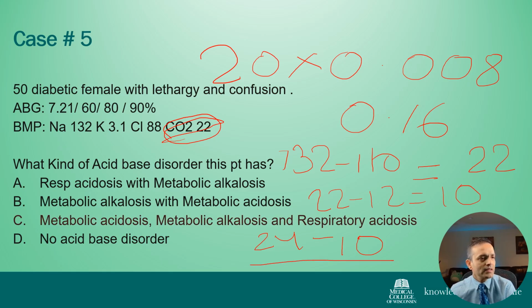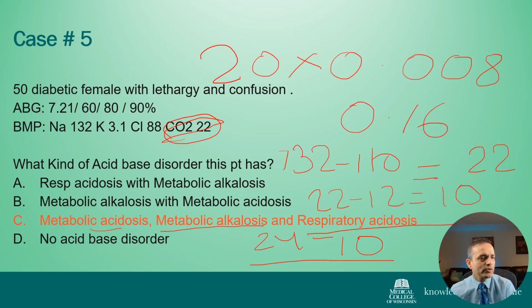So that means this patient who was supposed to have a bicarbonate of just 14 has 22. So that means patient has a metabolic alkalosis. So very likely this patient vomited. So this patient has a metabolic acidosis, anion gap acidosis, and most likely the patient vomited and caused metabolic alkalosis, and the patient has a respiratory acidosis.